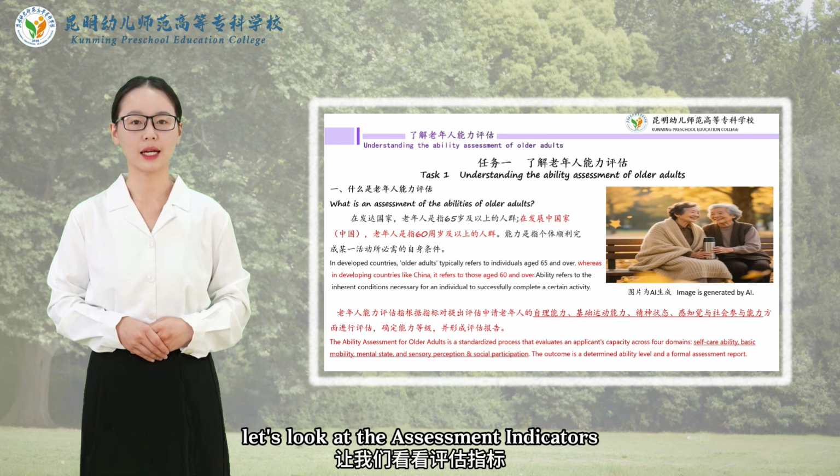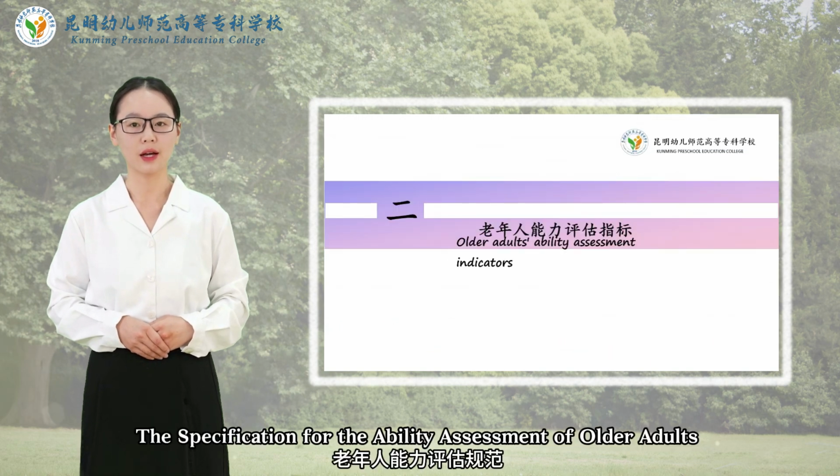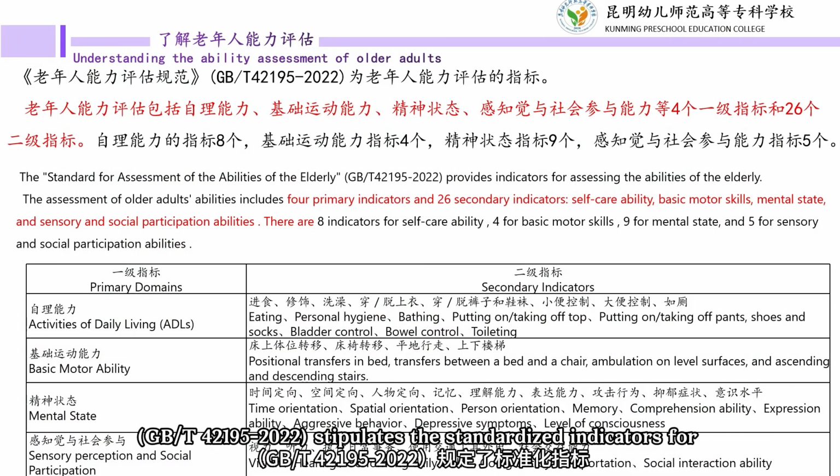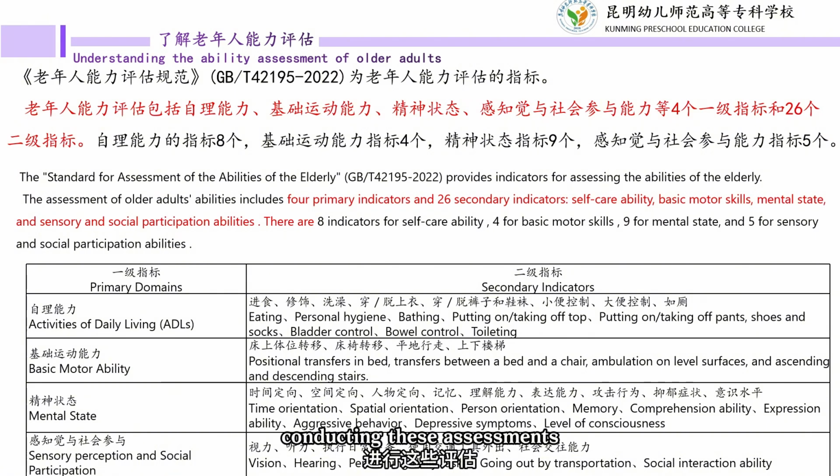Next, let's look at the assessment indicators, the specification for the ability assessment of older adults. GB/T42195-2022 stipulates the standardized indicators for conducting these assessments. The assessment framework is structured around 4 primary domains, which are further elaborated through 26 specific secondary indicators.